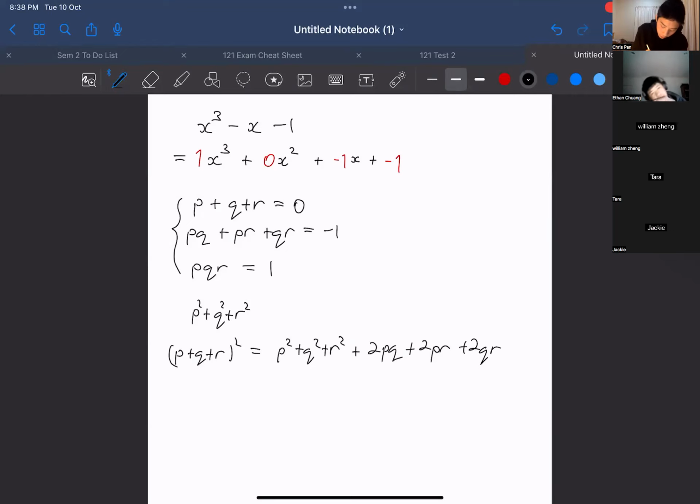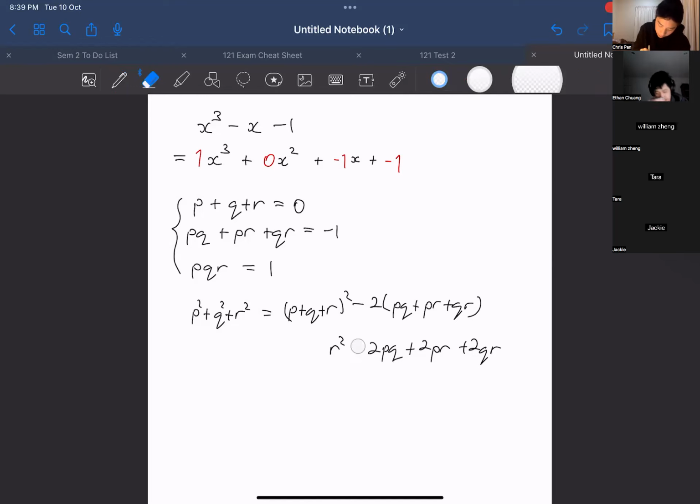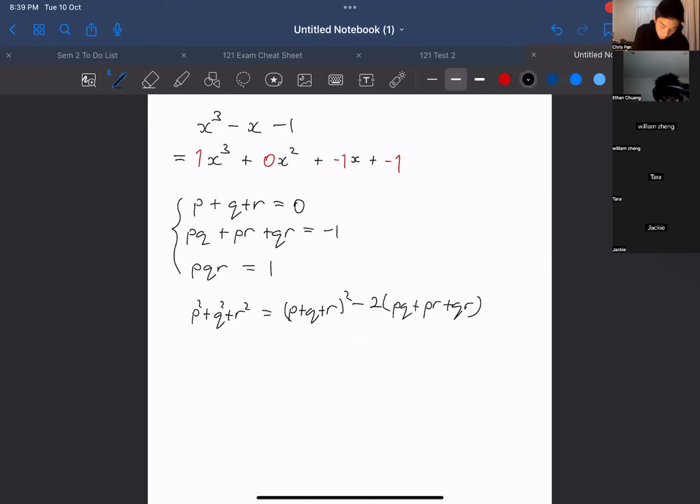Since we don't want this 2 times pq plus pr plus qr thing over here, we can just subtract that. Which is nice for us because we know the value of p plus q plus r, and we know the value of pq plus pr plus qr. So this gives us 0 squared minus 2 times negative 1, which is 2.